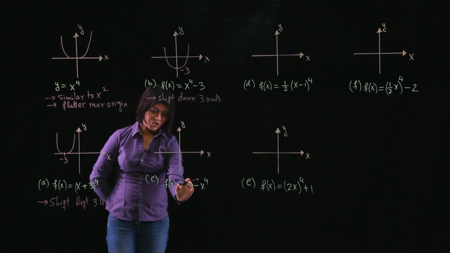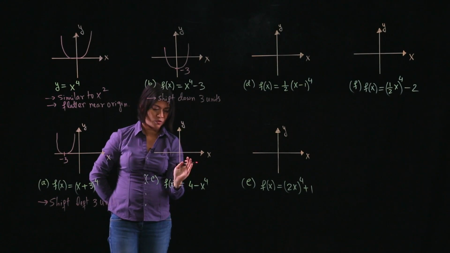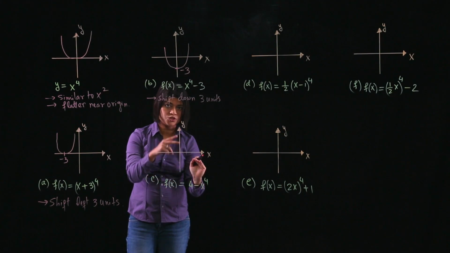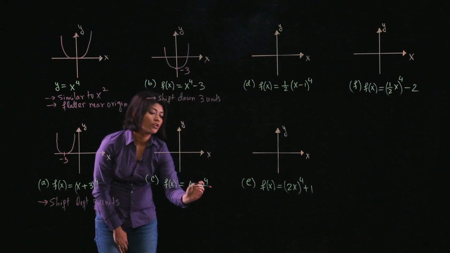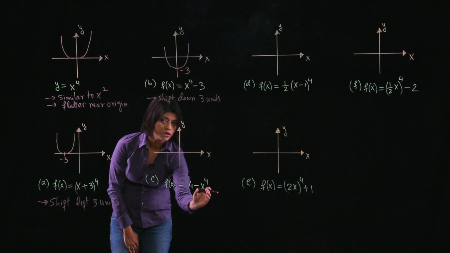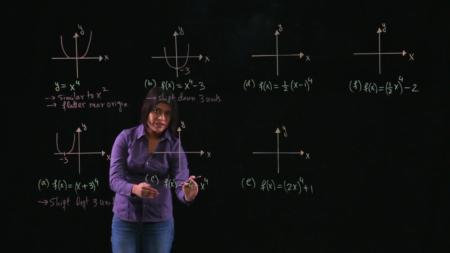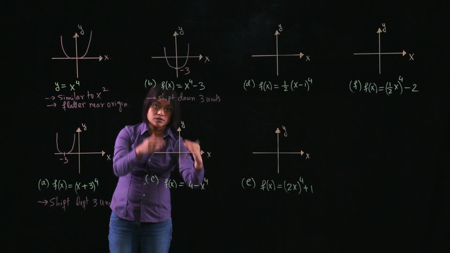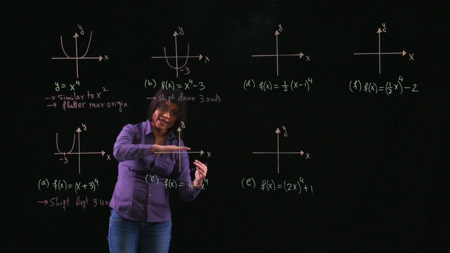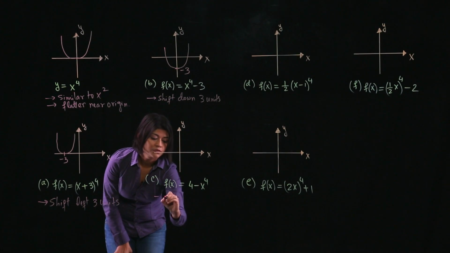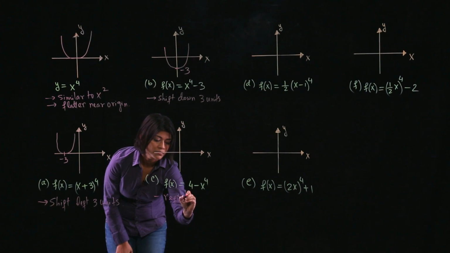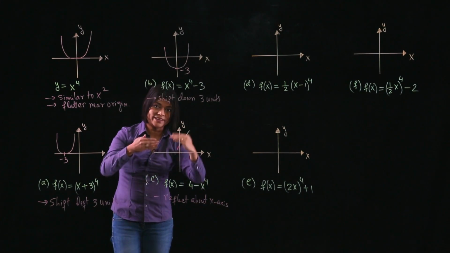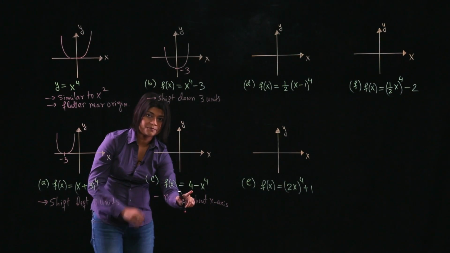The next function is 4 minus x to the 4. Now you have to think of this transformation in 2 parts. First, look at the x to the 4 term. It has a negative sign, which means you have to first reflect the graph of x to the 4 about the x-axis, which means it will open downward, and then you add 4 to it.